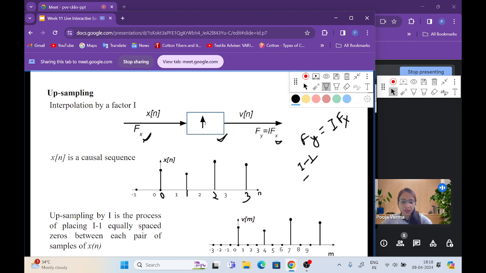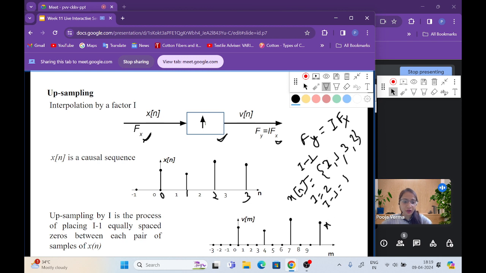Okay, so let x be a sequence where at the 0 position it is 2, at the 1 position it is 1, at the 2 position it is 3, and at the 3 position it is 2. If upsampling by a factor I, let I equal 2, we add I minus 1 zeros, that is one zero, between the samples.